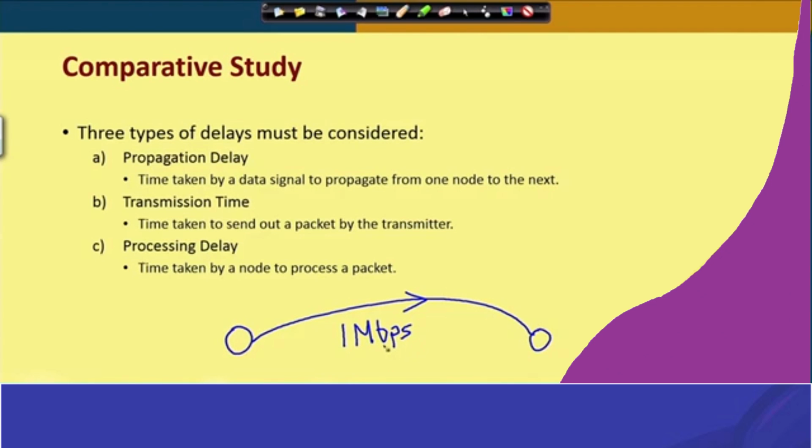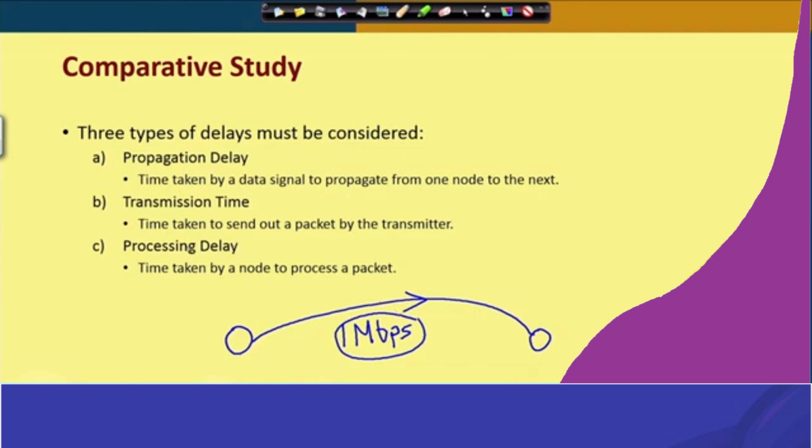Every bit will take 1 microsecond, 1 by mega. So, 1000 bits will take 1 millisecond. That is the transmission time. It depends on the size of the message, how many bits there are, and the bandwidth of the link. It does not depend on the propagation delay, whether it is a satellite link or a copper link. So, these are two separate things.